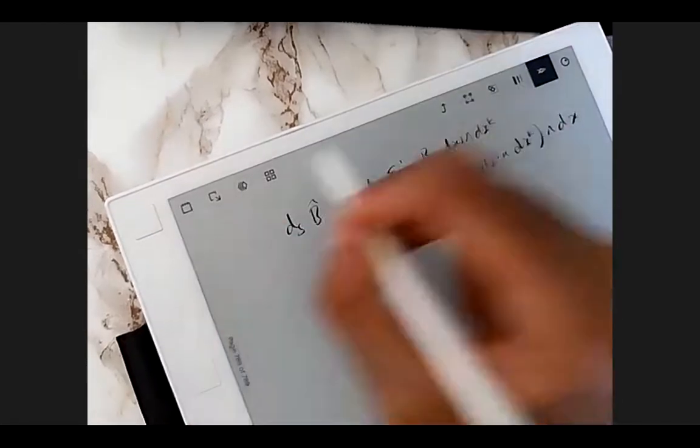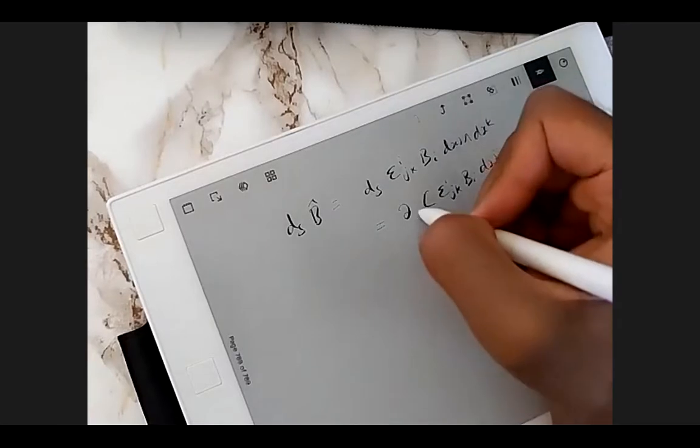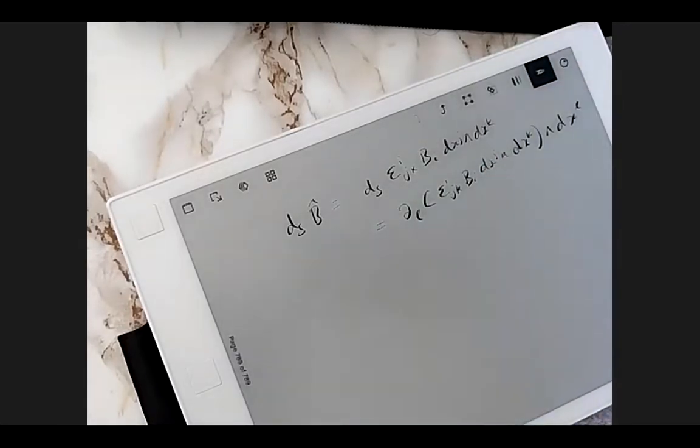Sorry, I shouldn't call it K. I've already used K. My bad. Let's call it L.